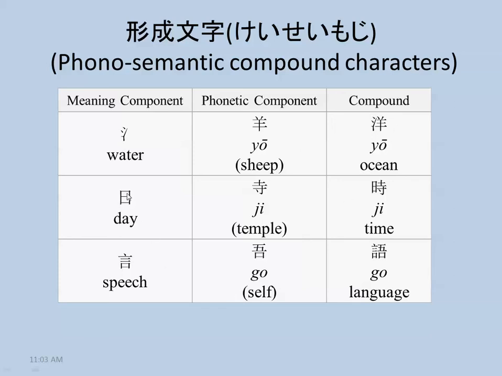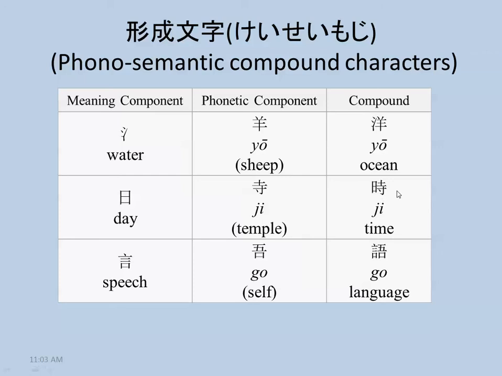Let's look at another one. Here we have the character for day, and here we have the character for temple, as in a Buddhist temple. Now this character, one of its readings is ji, one of its onyomi is ji. So if we put a day together with this reading ji, we get this character, which I'm hoping you know, that means time.